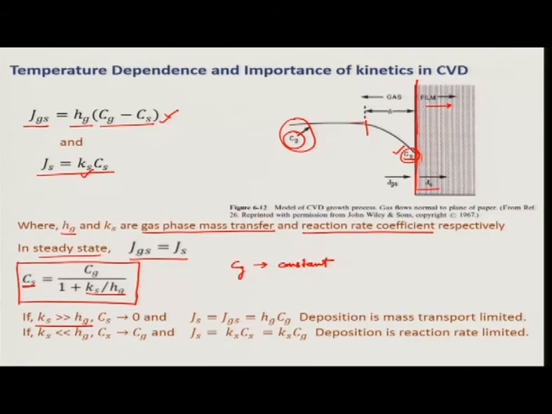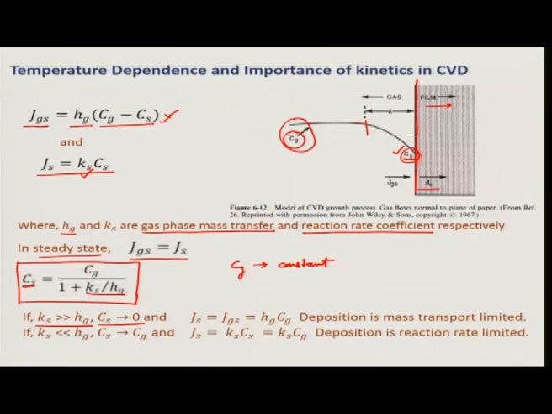Suppose a reaction happens very fast if we increase the temperature of the substrate, then by increasing the temperature we can increase the reaction rate coefficient such that if Ks is very high compared to Hg, or the mass transfer, then my concentration will drop to 0 at the surface, because the reaction rate is very fast here.